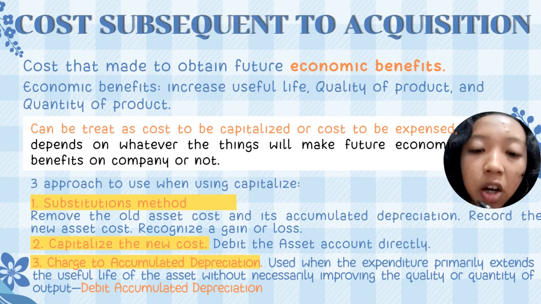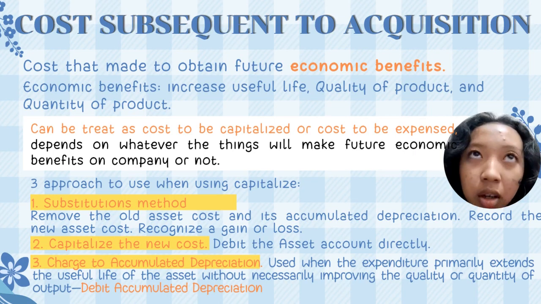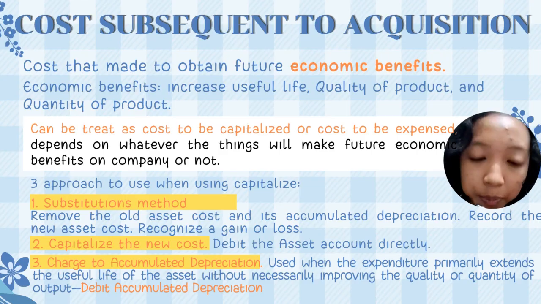If the cost is treated as capitalized, there are three approaches to use. The first approach is the substitution method. How we use the substitution method is we remove the old asset cost and its accumulated depreciation and record the new asset cost, and also recognize a gain or loss.